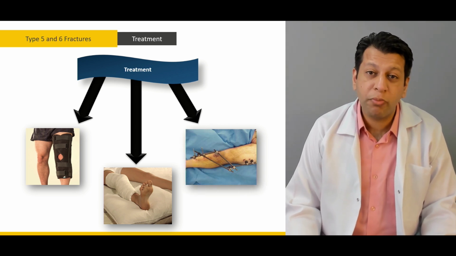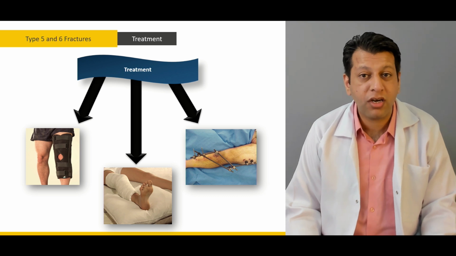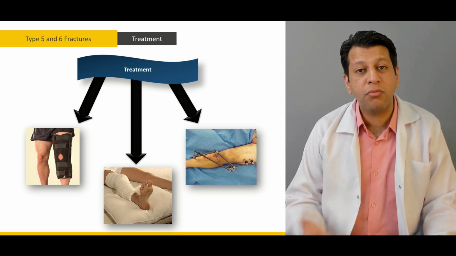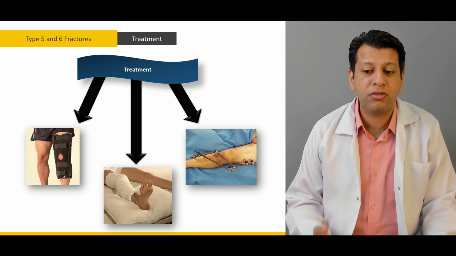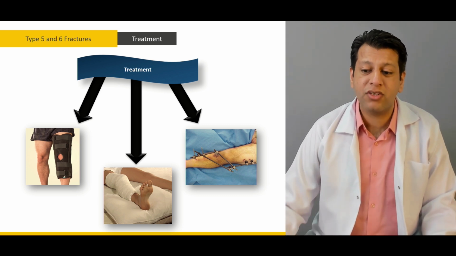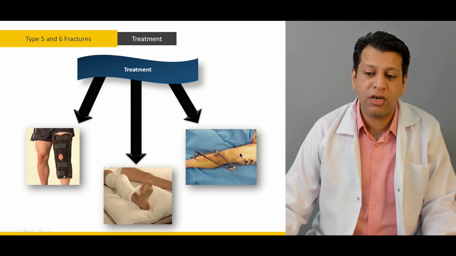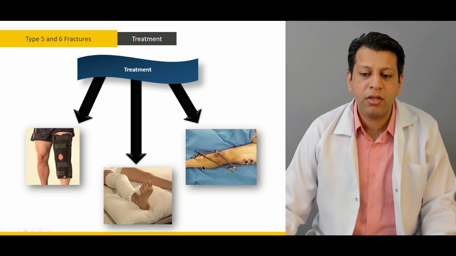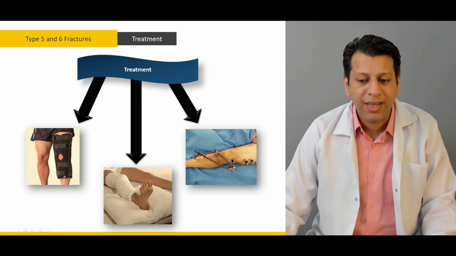Sometimes open fractures may be associated with this kind of injury, and then you cannot put the plates in an open fracture, so we may have to go for external fixation as well. This is actually called ligamentotaxis, because two pins are passed in the femur and then in the tibia as well.